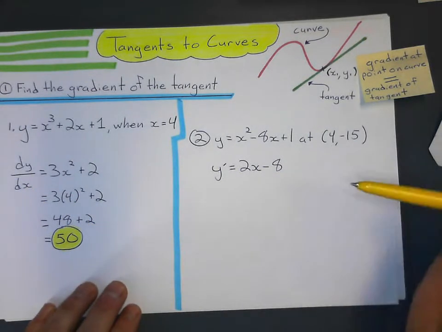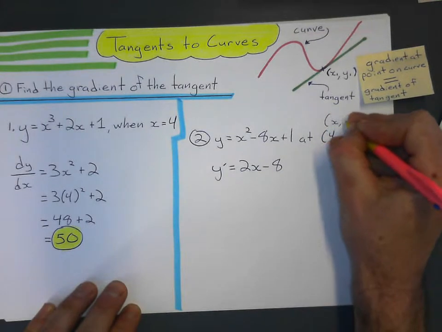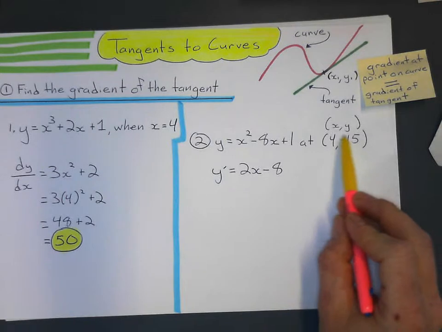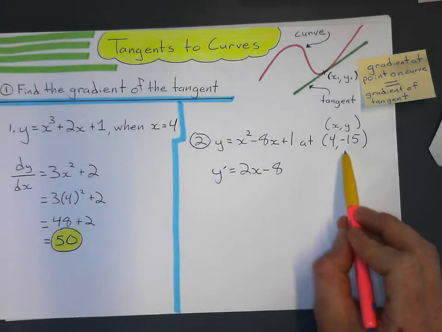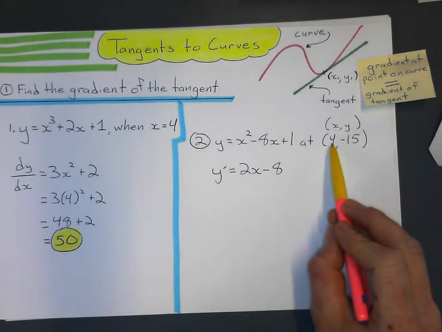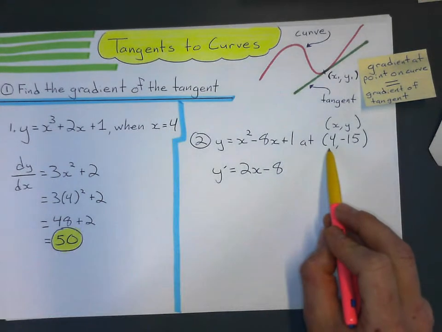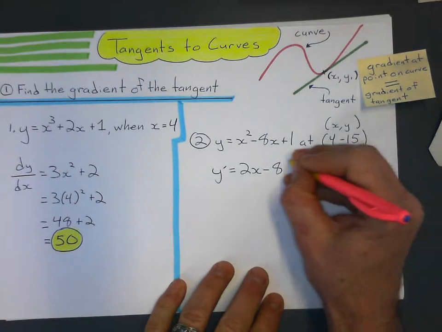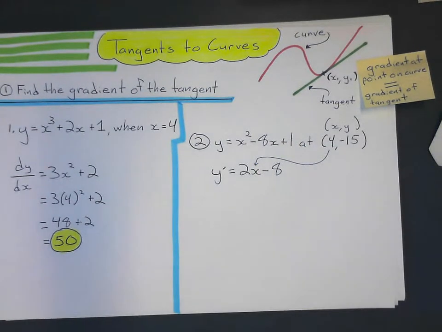Now, here I just had an x value and I substituted it in here. Where here I'm given x and y. Well, the easy thing you need to remember is you don't care about y on that point right there. The only thing you need to substitute in is the x value, which coincidentally is the same number. So if you're given a point, all you need to do is plug in that x value there.